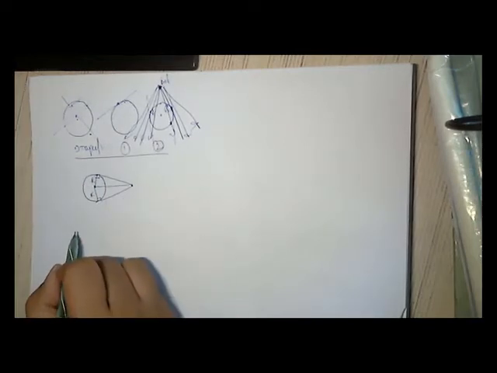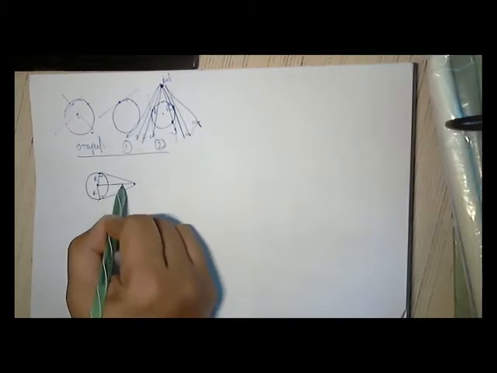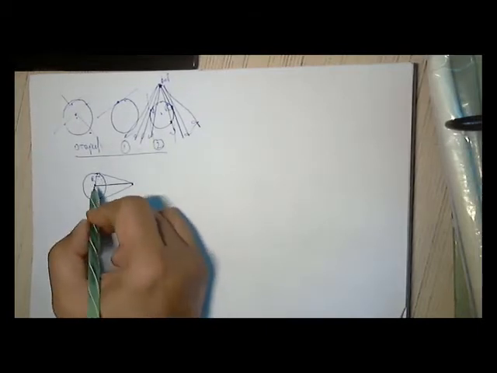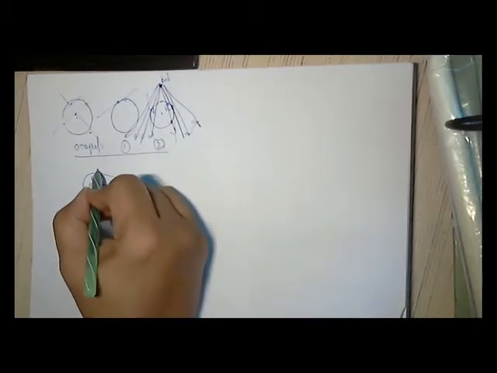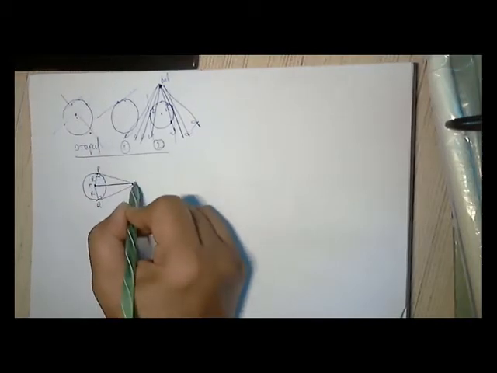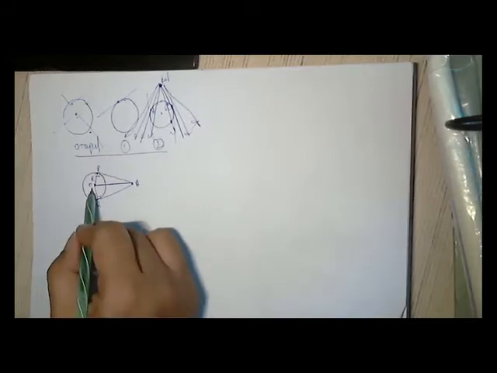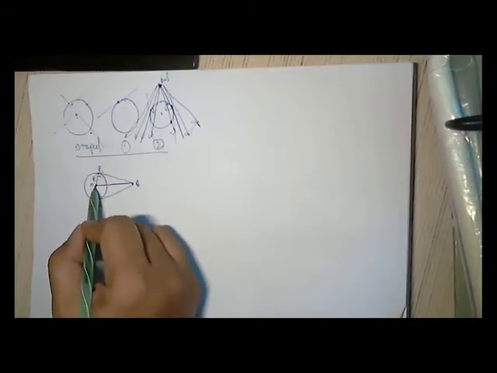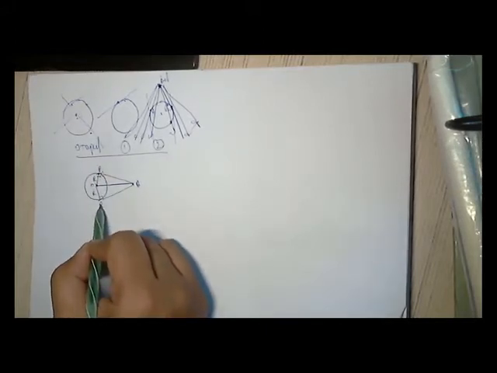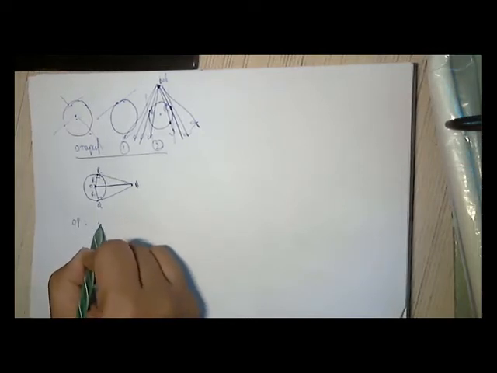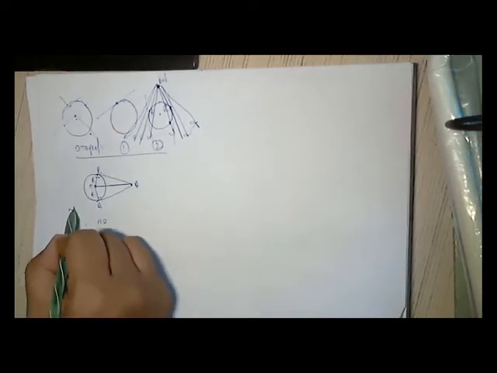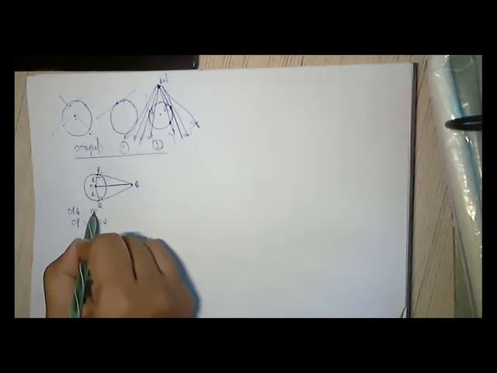This is the radius. This is a common side. So if you see a triangle, suppose this is O, P, Q, A. I am comparing two triangles, OPA and OQA.